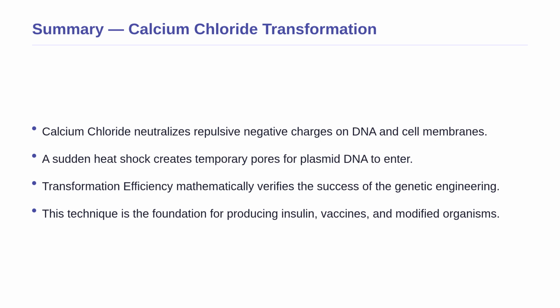Third, we can mathematically verify our success by calculating the transformation efficiency, which accounts for DNA mass and volume dilutions. You now understand the foundational technique that makes modern genetic engineering, from insulin to vaccines, entirely possible. Great job following along.